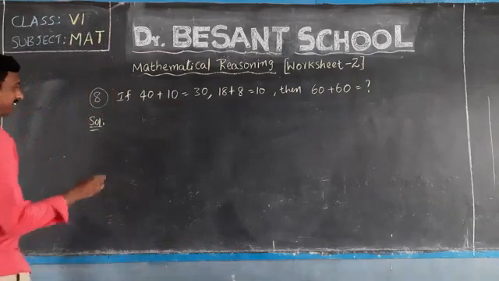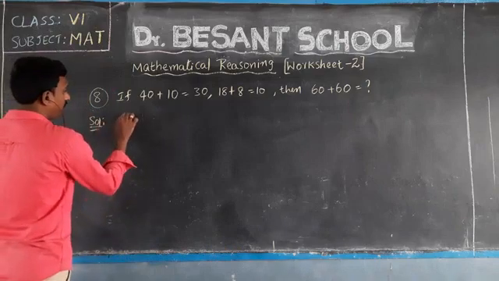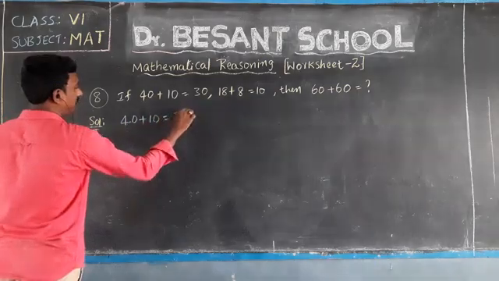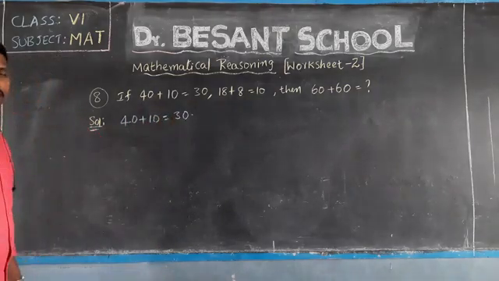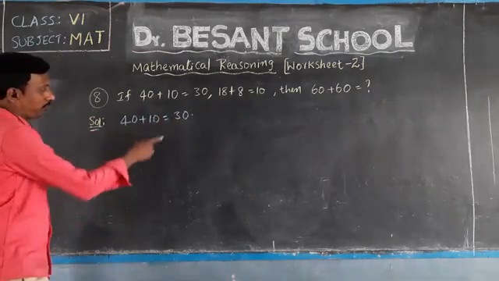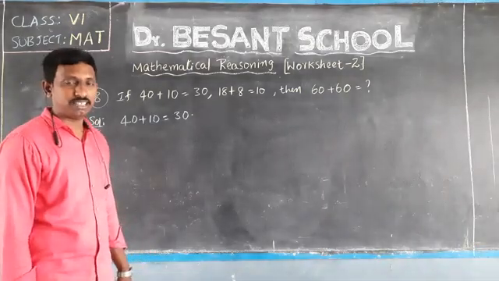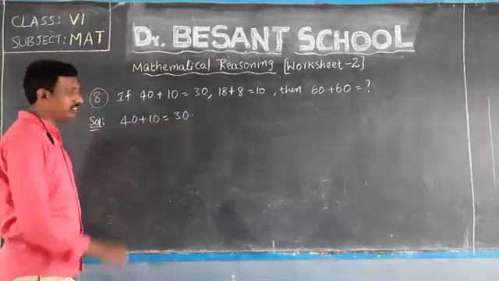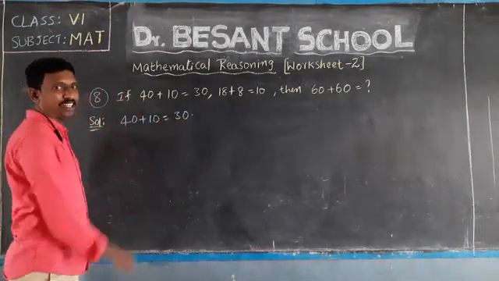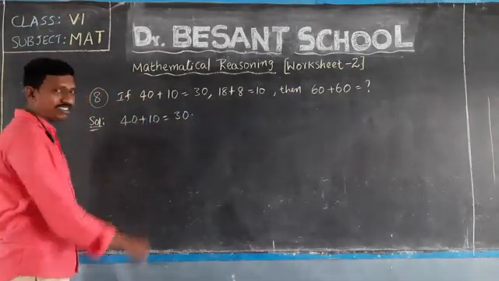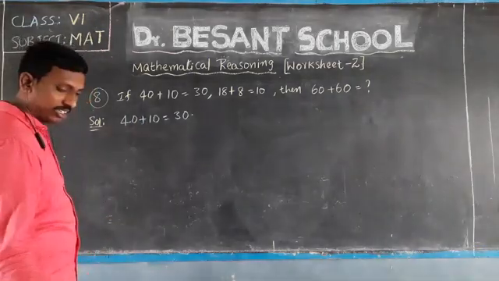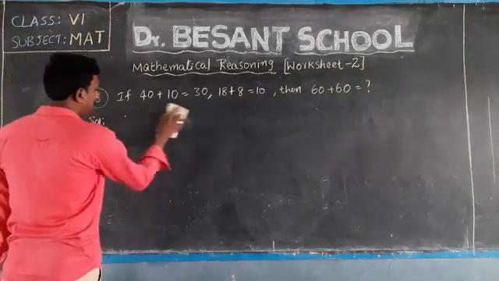Now check the correctness of your answer. 40 plus 10 is equal to 30. Generally 40 plus 10 equals how much? It is 50. But here 40 plus 10 equal to 30 means this 40 is reduced by 10. So instead of plus, he has considered minus.